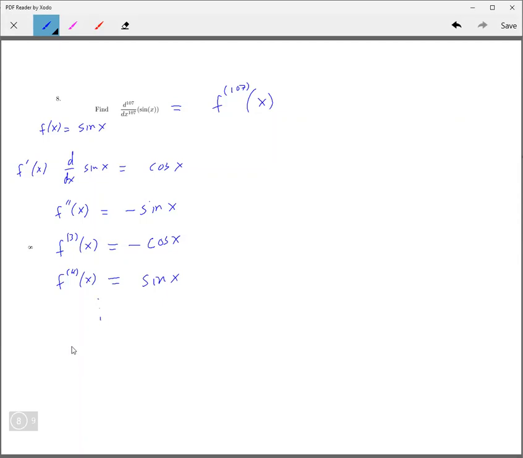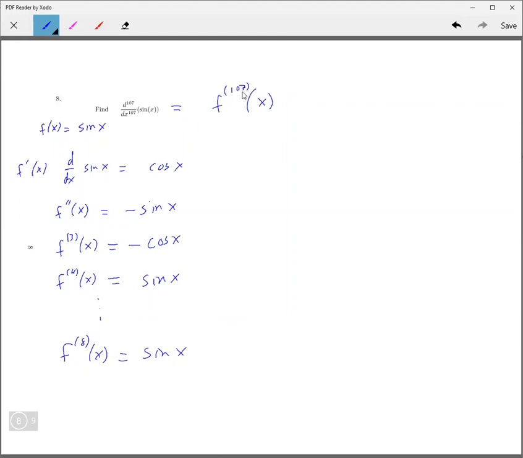If we do another 4 derivatives, so we're at the 8th derivative, that's also going to be sine x. Okay, so any order of derivative that's divisible by 4 is going to be sine x.